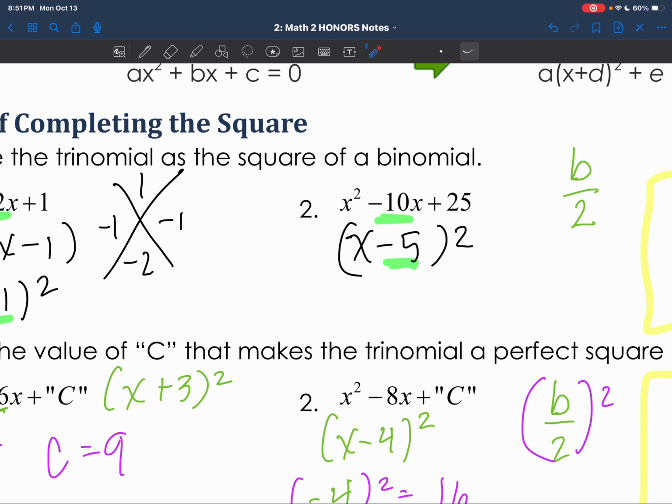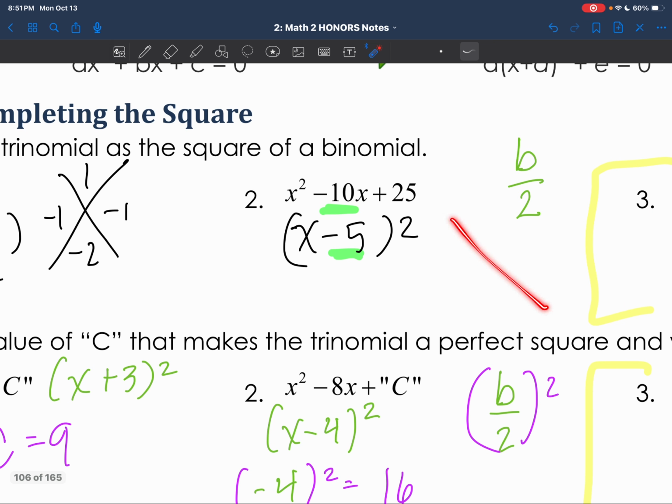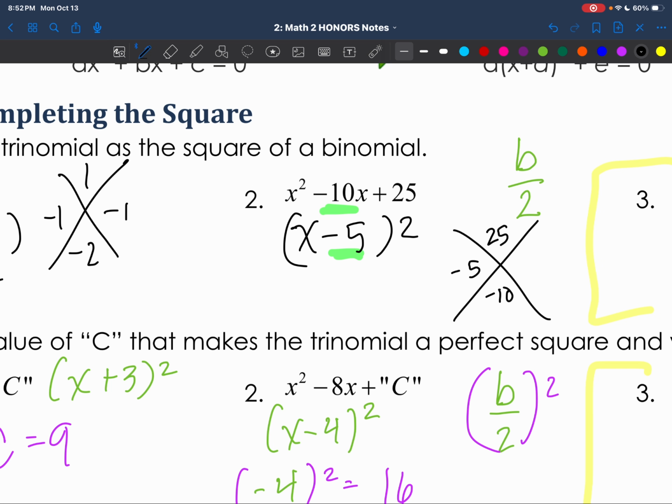If you were to go here and do your x, we know that it needs to be 25 here and a -10 here. Well, the only way to do that would be a -5 and a -5.